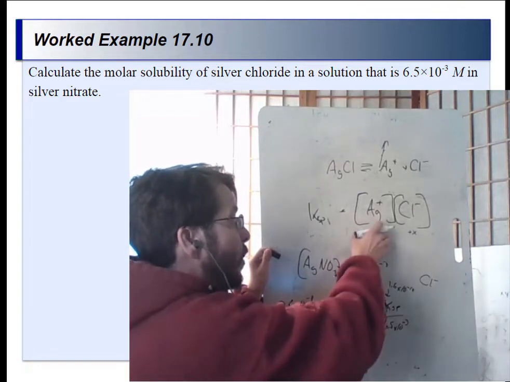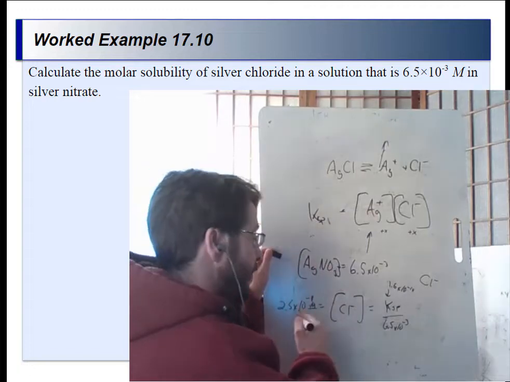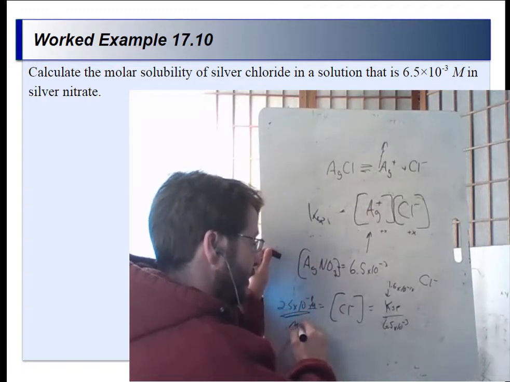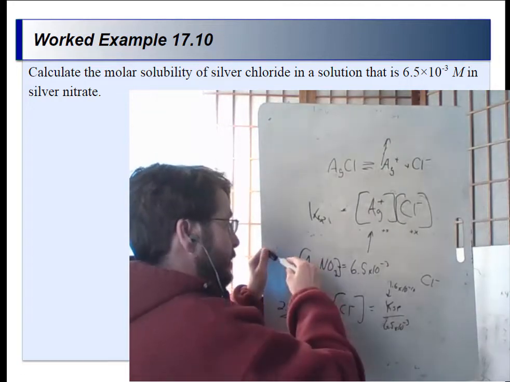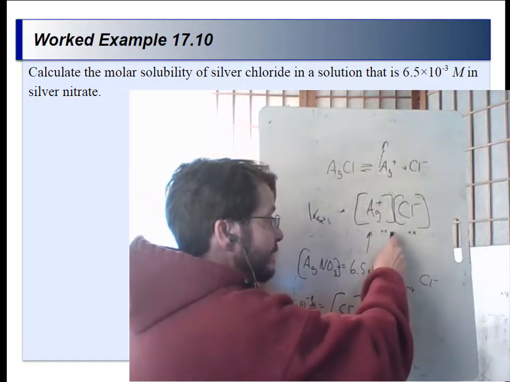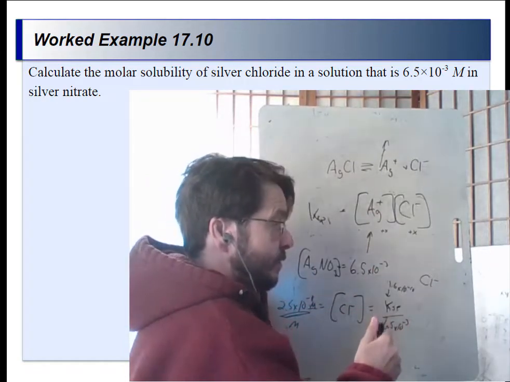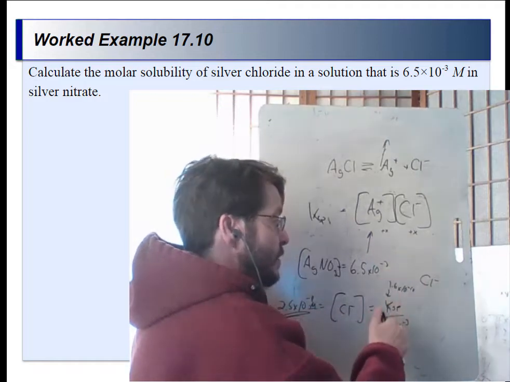Now if we assume that all the chloride came from silver chloride, then we know this is also the molar solubility of the silver chloride as well. So we don't have to plug in actual x values or solve for x, so to speak.